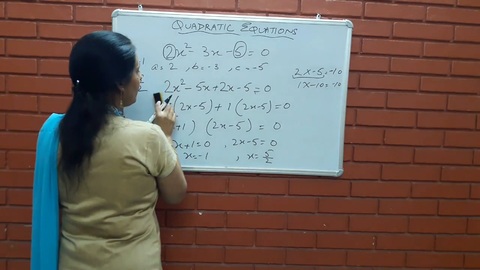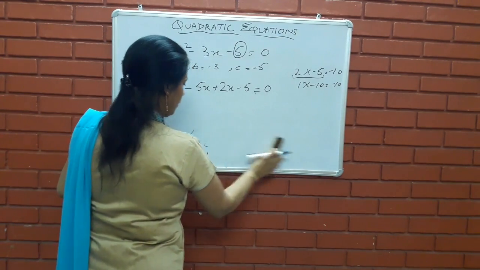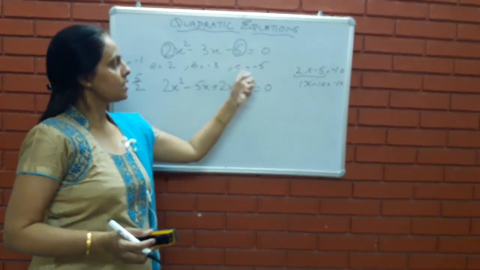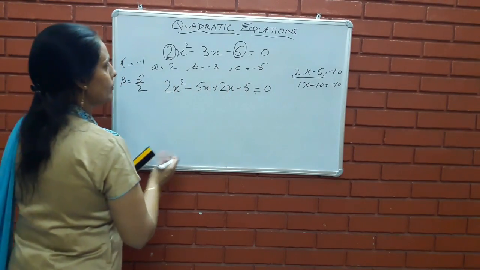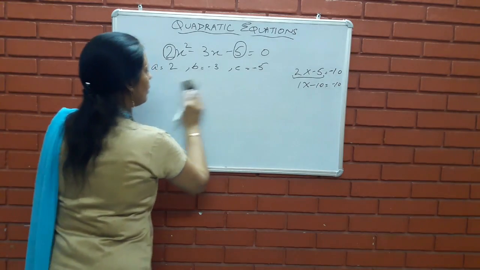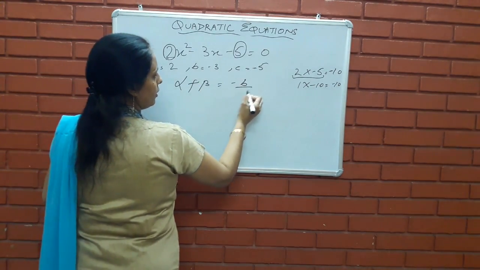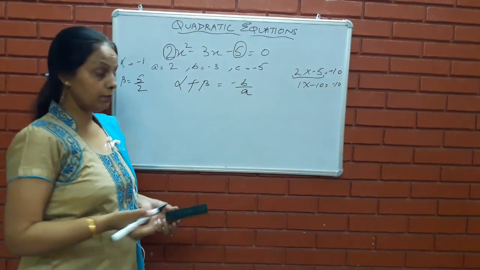Now we can verify it. We can use these numbers also. The sum of roots is equal to minus b by a.